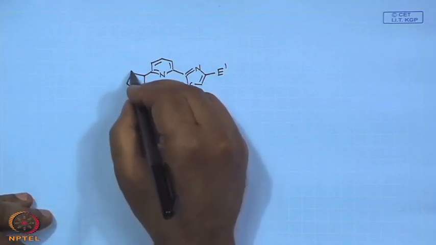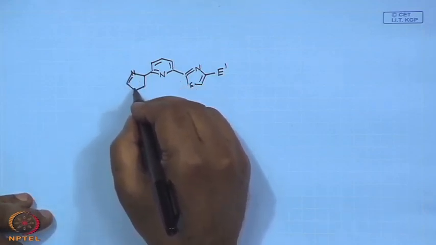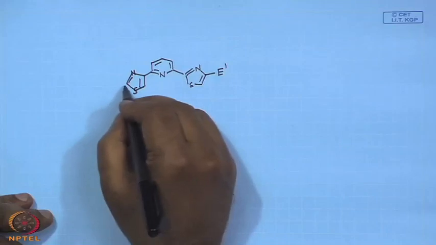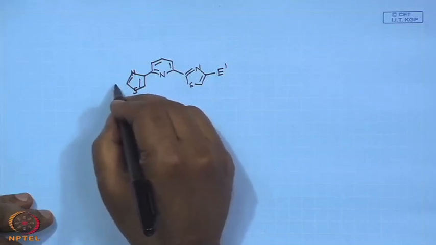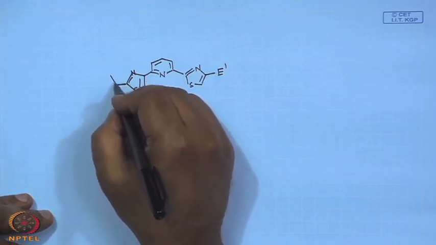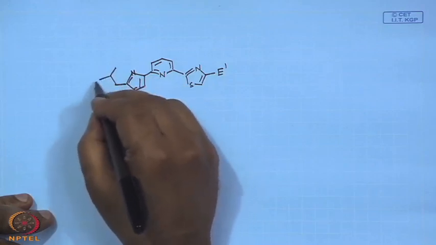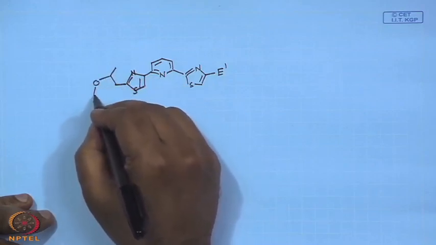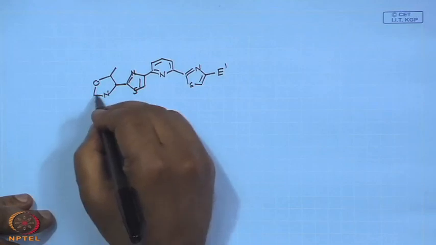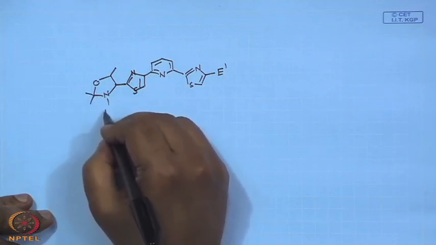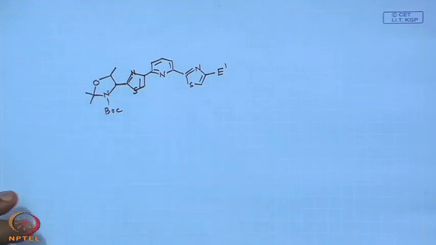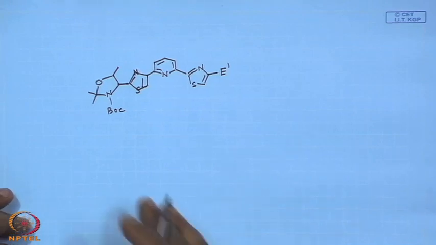5 membered heterocycle, and this is also a thiazole, and then, okay, maybe I will write this, this will have oxazole now, oxazolidine with this, and then this. This is just a small molecule though, compared to the total synthesis I will be talking about.